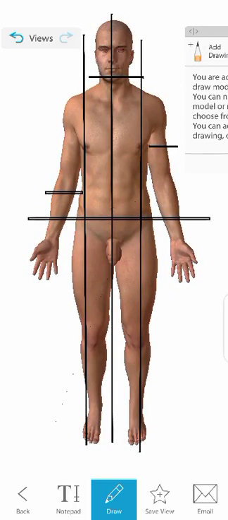So basically, these are our planes: our horizontal, also known as transverse, our sagittal and parasagittal ones, which are basically modifications of the sagittal plane, and then the coronal plane or the frontal plane.